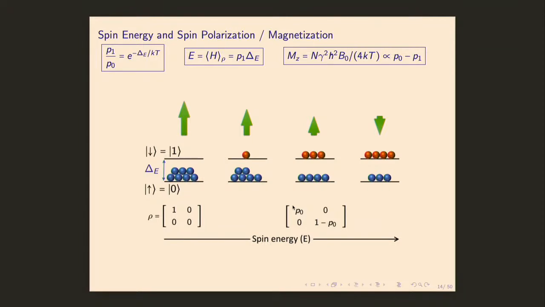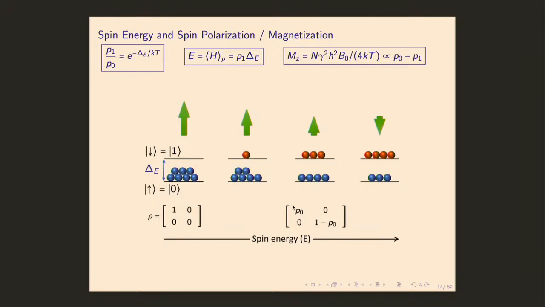Now, if we have an ensemble of spins all in the ground state, we can't extract energy. It's already in the ground state. Although it has high polarization, they are all in the ground state. Now, with induced transitions, it has lesser polarization because some are in the excited state.